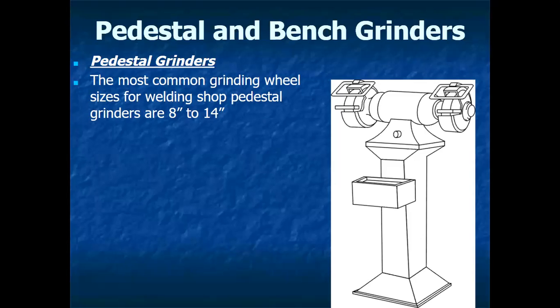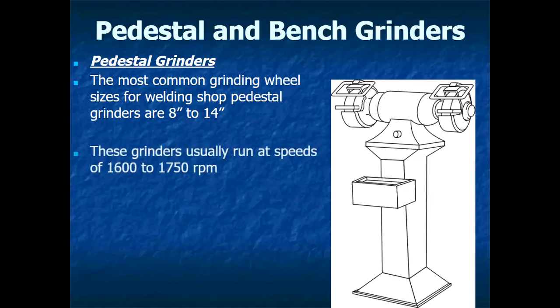So the 8-inch ones are not super heavy, but there's a good chunk of material there. With the 14-inch ones, you're looking at 10 pounds of rotating stone. It's usually times 2 because we have 2 sides to the pedestal grinder, so you've got 20 pounds of rotating stone. And if that was to be damaged or cracked and come apart, that's a lot of debris flying at you.